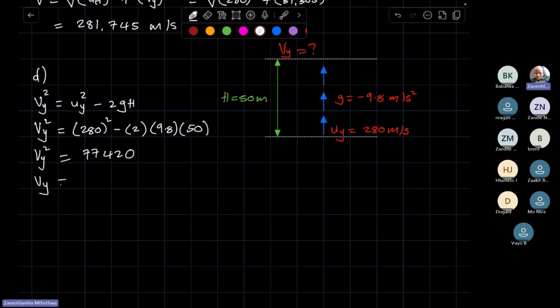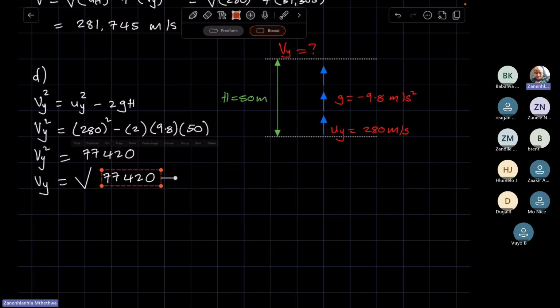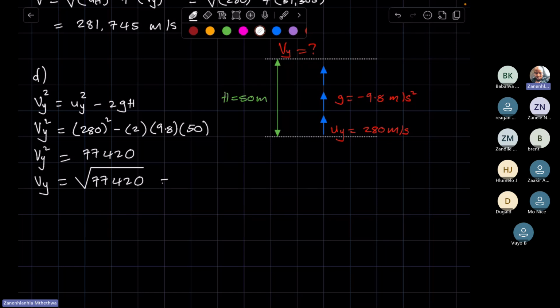So to get Vy, use the square root on both sides. That's the square root of this. The square root of this is 278.244 meters per second.